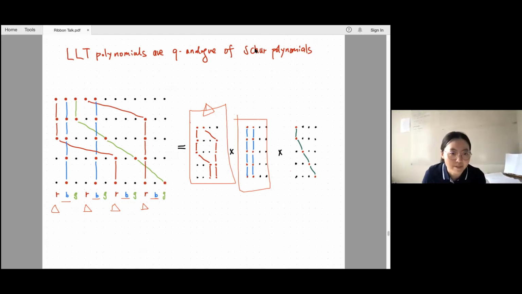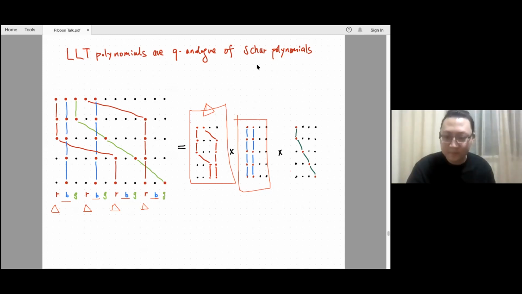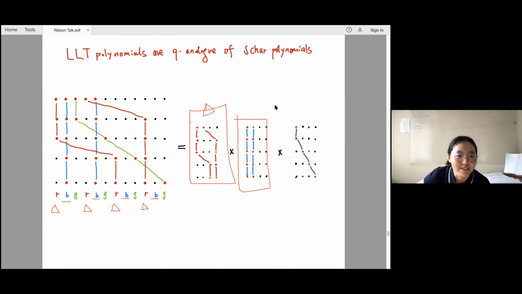On the diagram on the left, can you switch the color of the green one with the red one that is on the right of the green one? Sorry, what do you mean? Right now you have a green path sandwiched between two red paths. Can you switch the color of the green path and the red path on its right, without violating the rule that two paths of the same color cannot intersect?